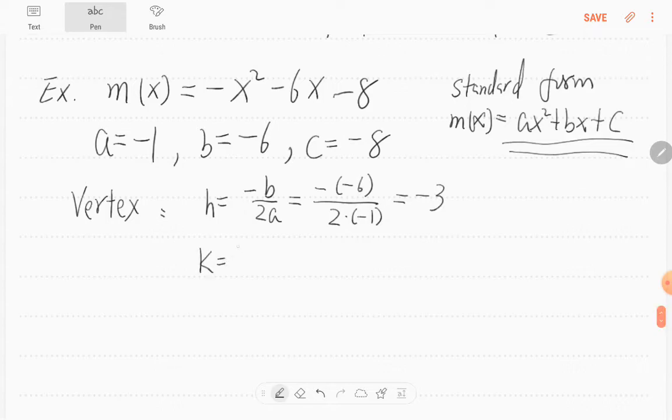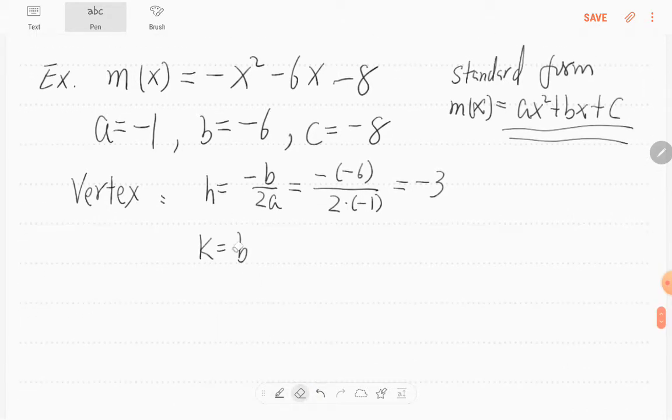K equals c minus b squared over 4a, which is equal to c is negative 8 minus b squared, negative 6 squared, so it's 36, divided by 4 times negative 1.